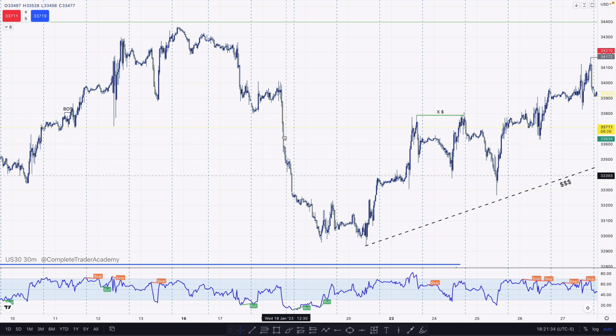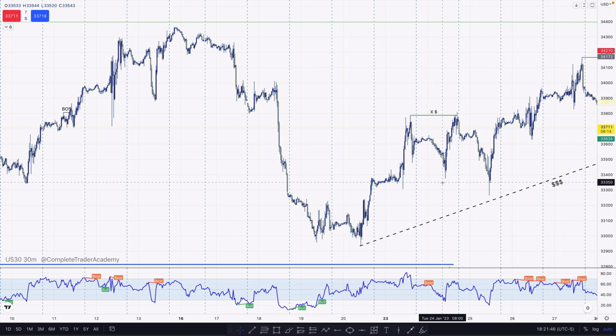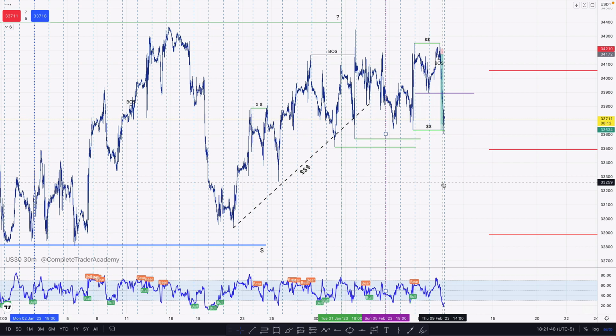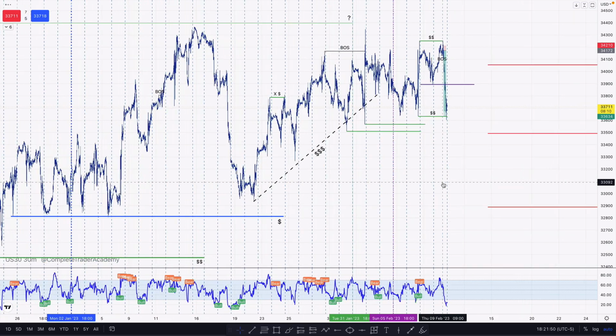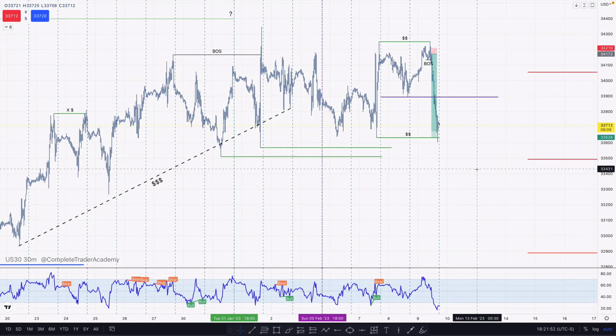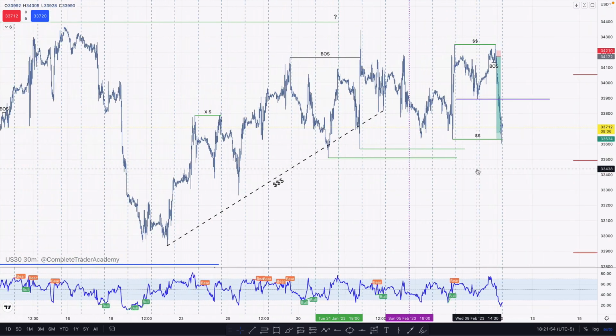Ranging, I call it. We're going to get something like maybe this, or we're just going to make something like this, and then tomorrow will be the rest of this movement down to range to make that lower low. Now, I'm not telling you it's all going to happen tomorrow, but this is what I'm projecting in the coming weeks, right?